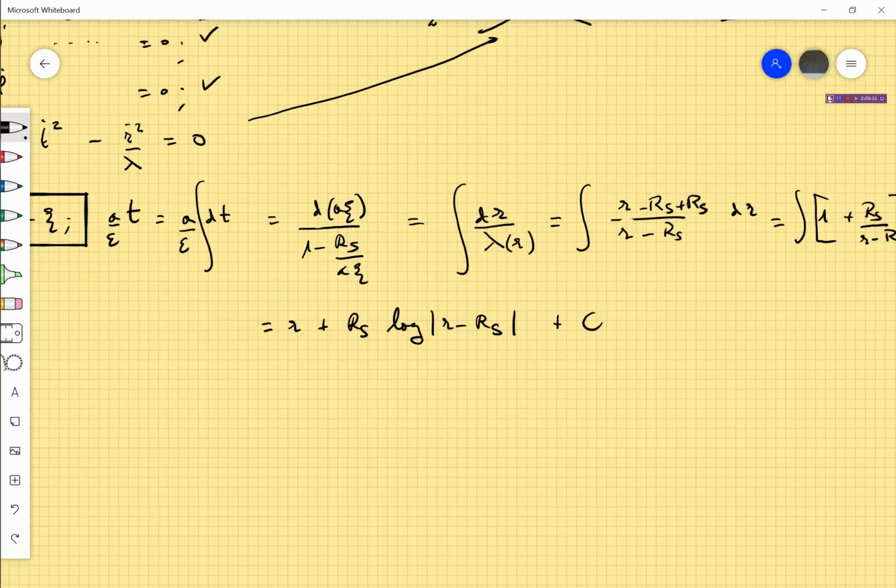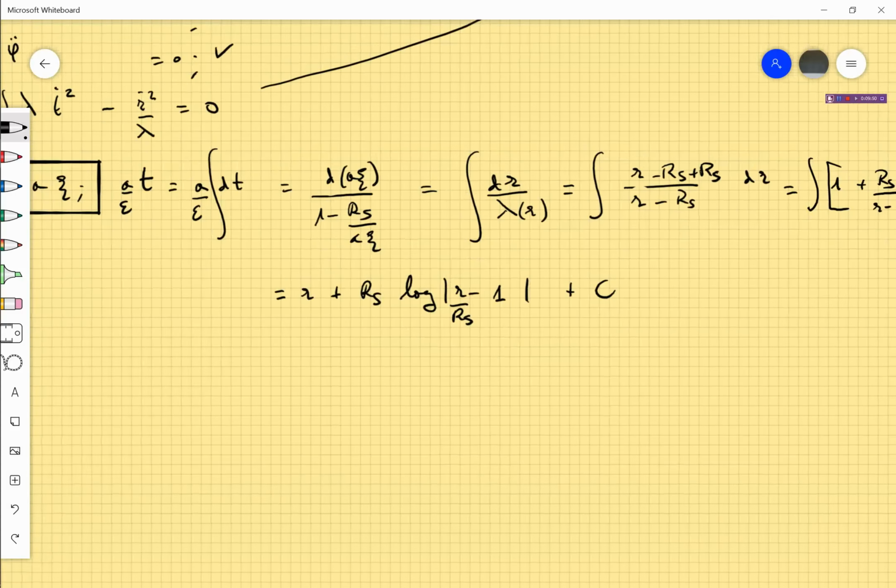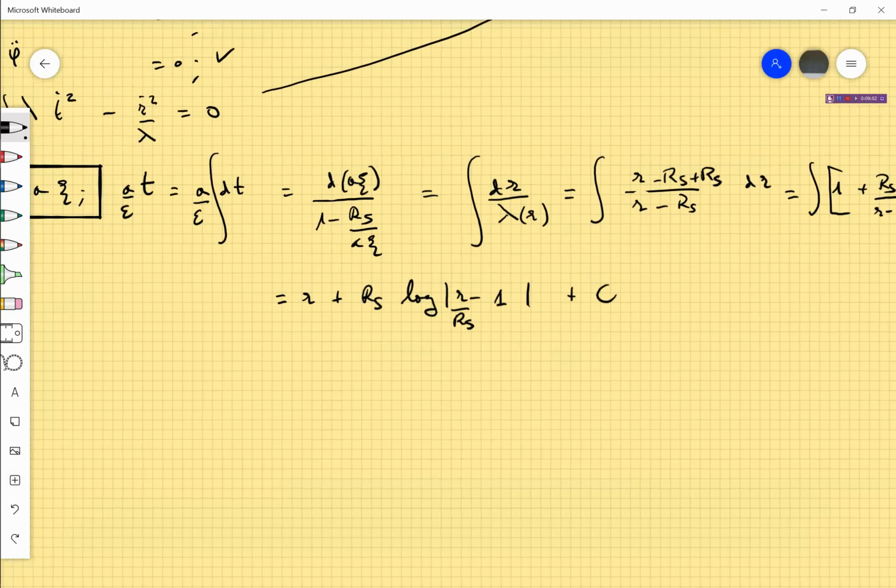Now first I want to have something which is dimensionless in the logarithm, so I would split this constant, it would be minus rs times the logarithm of rs, which means that I just divide everything by rs. Here, this would be C prime, but let's not worry too much about that. And okay, this is the solution.